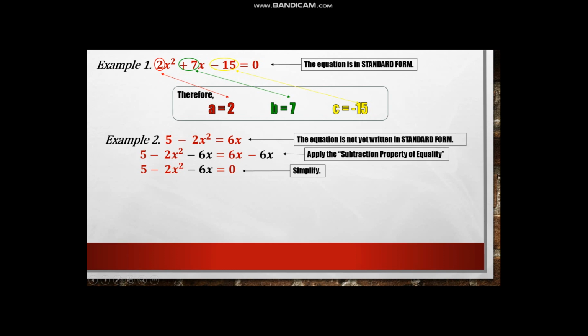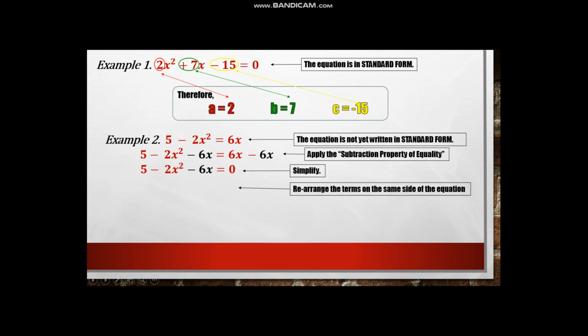Okay, so do you think it is already written in standard form? Of course, it is not yet written in standard form because of the arrangement of the terms. So we need to rearrange the terms on the same side of the equation by changing the position of the terms: the quadratic term, followed by the linear, and followed by the constant, without changing the sign.